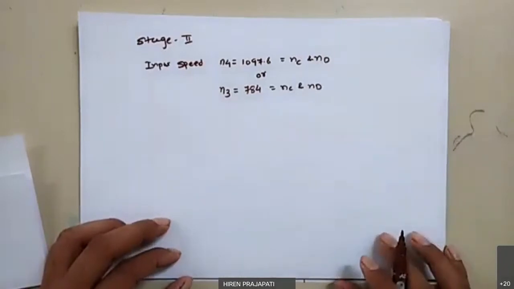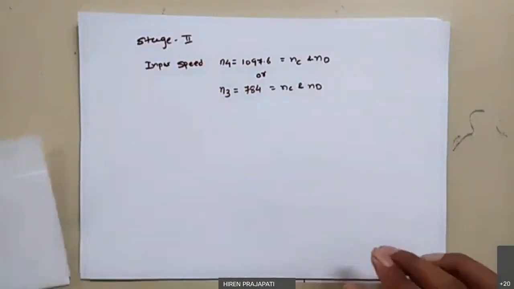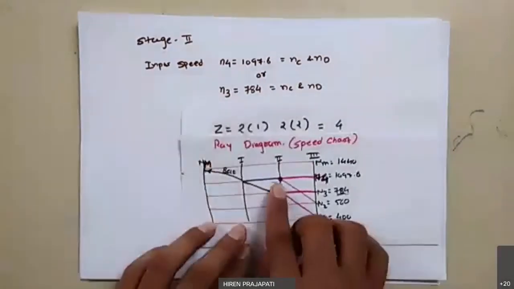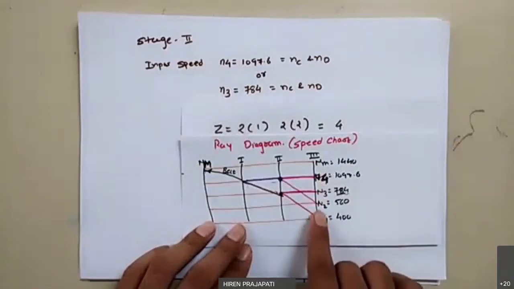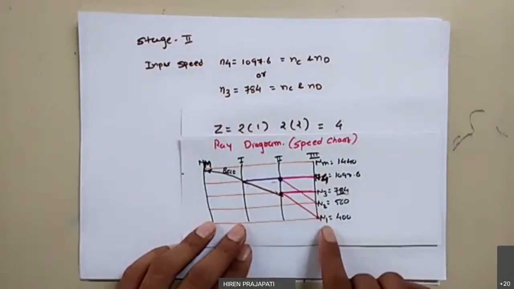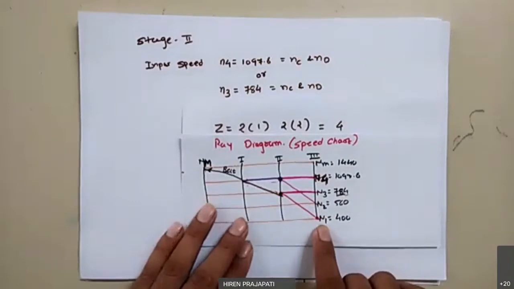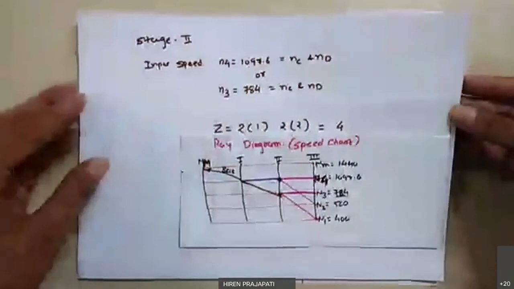These two are the input speeds. Now, what will be the output speed? If we select N4, then the output speed will be N4 or N2. If we select 784 as the input speed, then again there are two different possibilities as output speed, N1 and N3. Again, that depends on the combination which we are selecting.